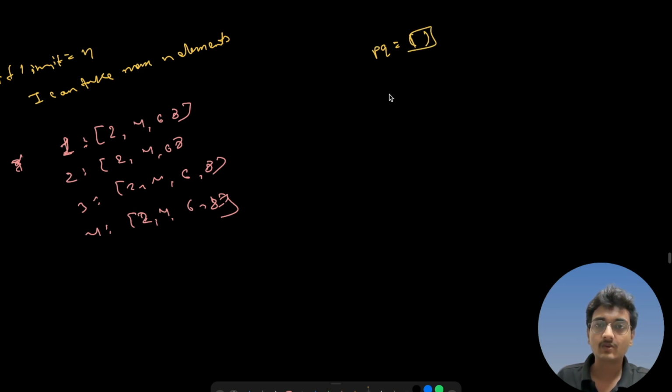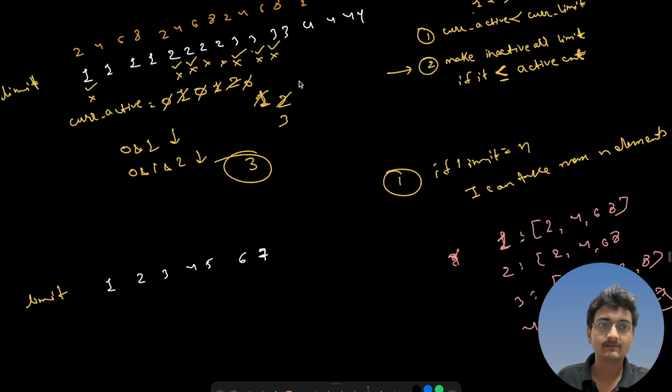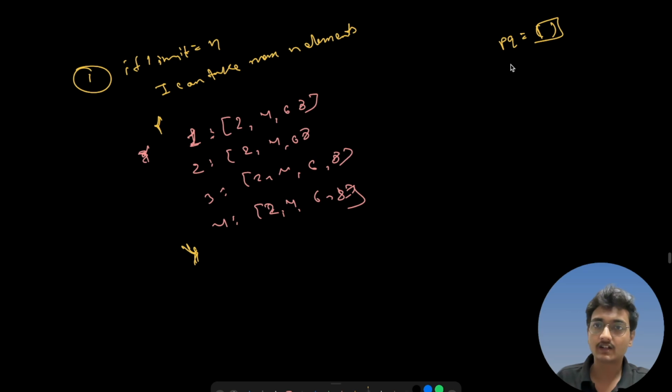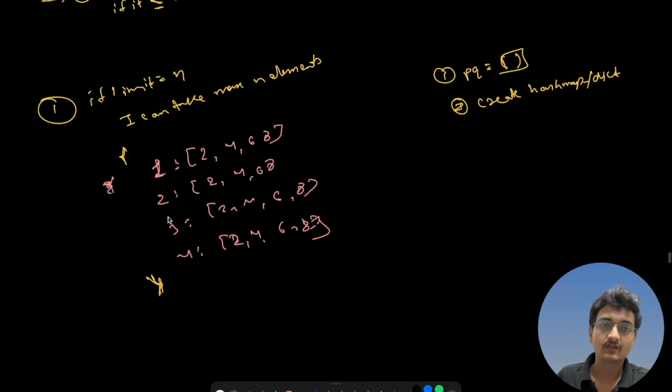I will iterate over the list and create the hash map first. The first part is to create the hash map or dict, which contains the limits and the respective values of those limits.